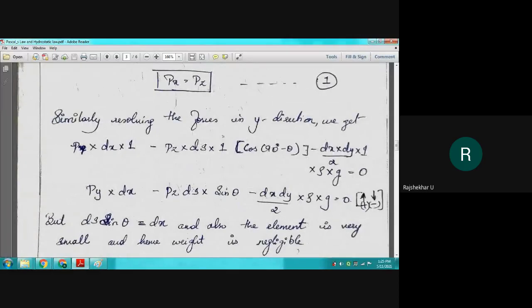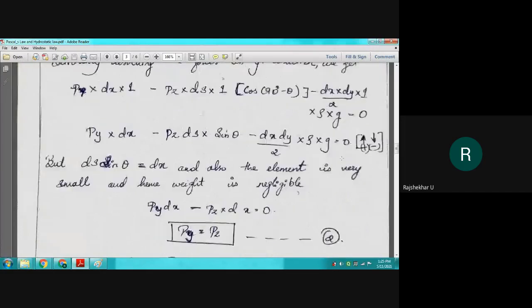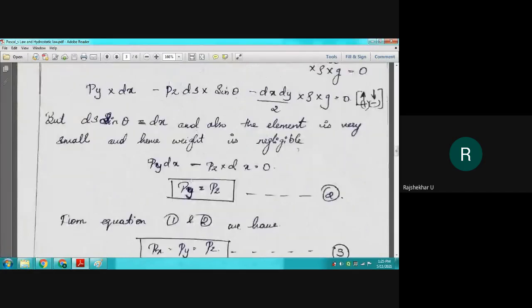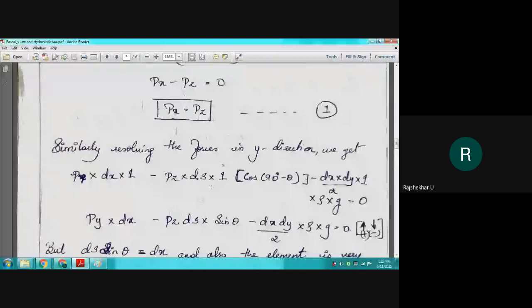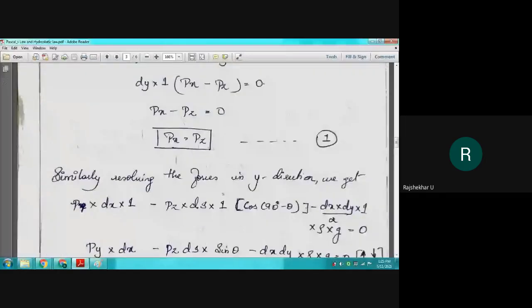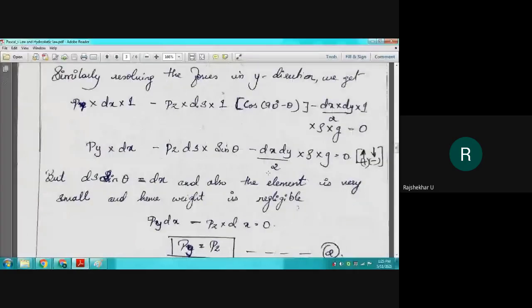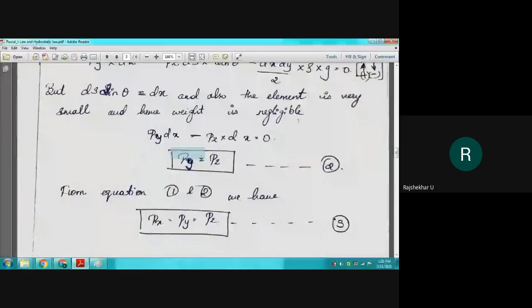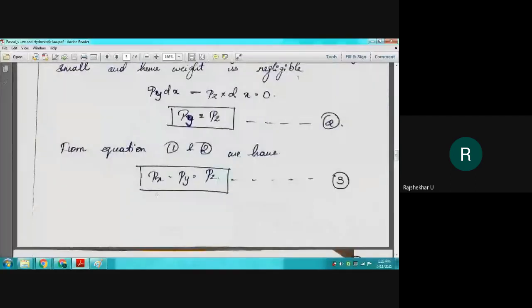As we go on simplifying and substituting, we will get py equal to pz. With resolving forces in x direction and substituting, we get px equal to pz. Again, repeating the same procedure in y direction, considering all the forces acting in y direction, we get py equal to pz. So finally, by comparison, it will be px equals py equals pz. This is what we get, and this is the statement we made earlier.